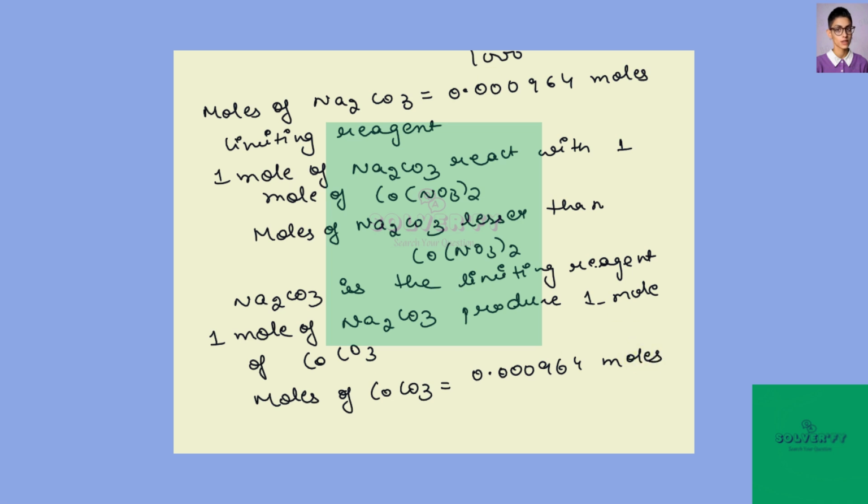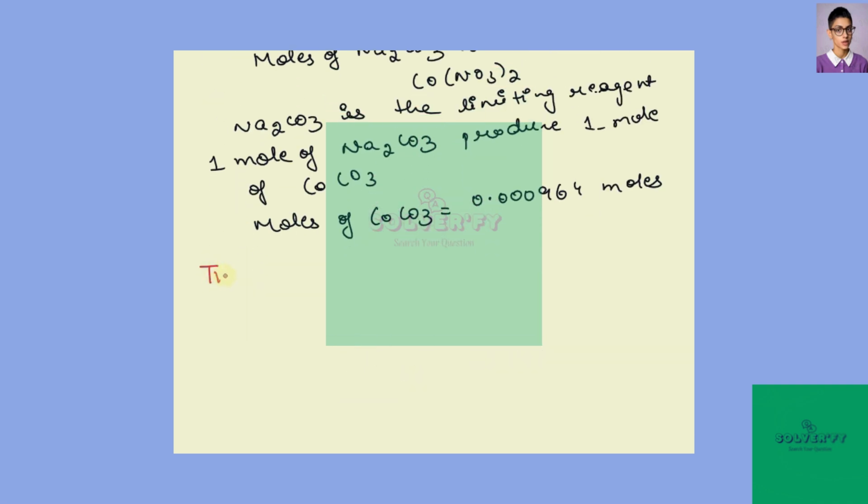Now we can find out the theoretical yield. We have the moles now. So the theoretical yield of the cobalt(II) carbonate is equal to the moles of the cobalt(II) carbonate multiplied by its molar mass.